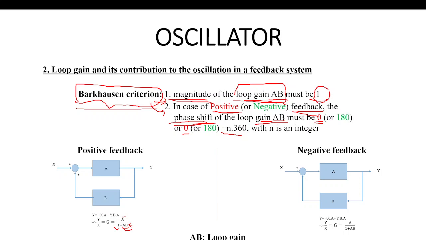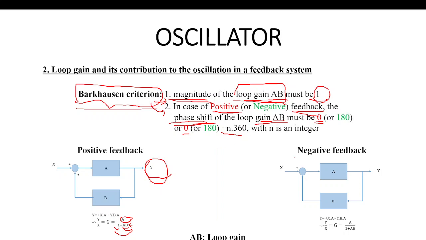The numerator is a defined system, and a defined system over 0 will make the whole system unstable. Because the whole system is unstable, it will cause an oscillation at the output.